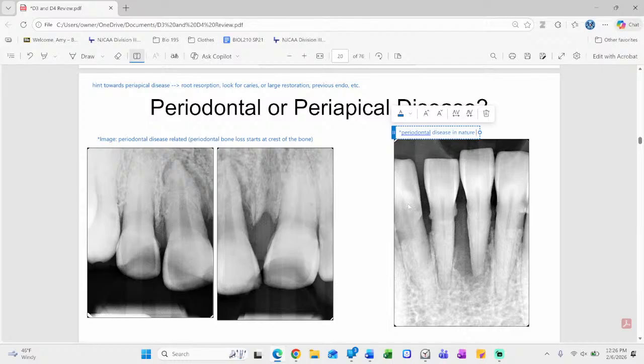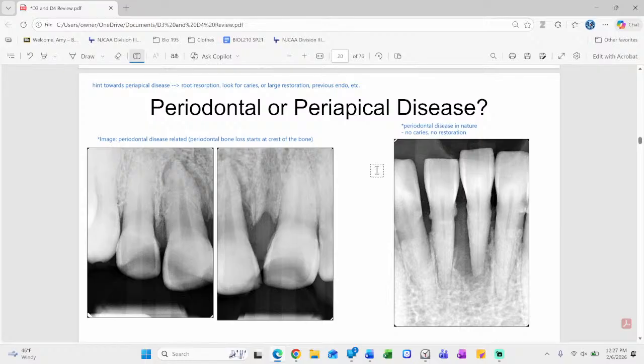So big kickers here, and there could be a little pulpal, right? So the big kickers, no caries, no restoration, but there could have been trauma that we can't see. So if I can't see a fracture, I don't know trauma either from, of course, this two-dimensional image. So there could have been trauma here, but definitely the bone, yep, we are all the way down around the entire root of the tooth.